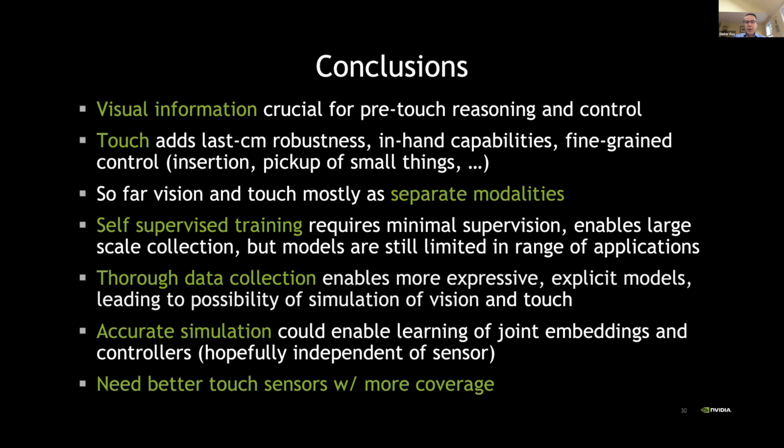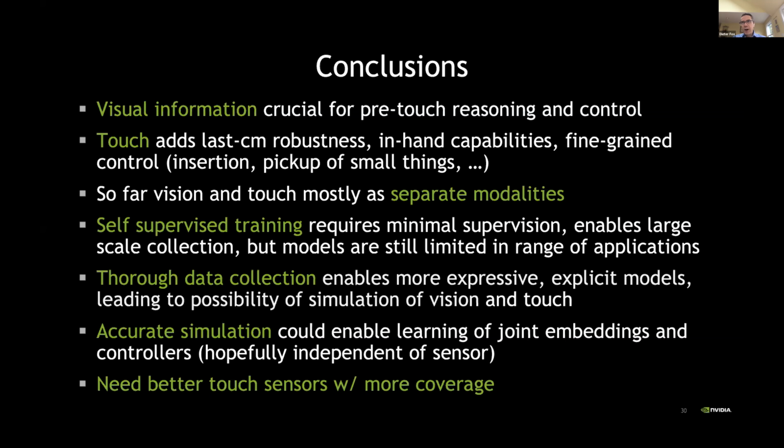In our work, we mostly used vision and touch as separate modalities. We did combine them, but not in the sense of learning joint embeddings, for example. I think self-supervised training, as in the work that Giovanni hinted at, is a very promising direction because it requires only a minimum amount of supervision, and because of that you can collect a lot of data in the real world.